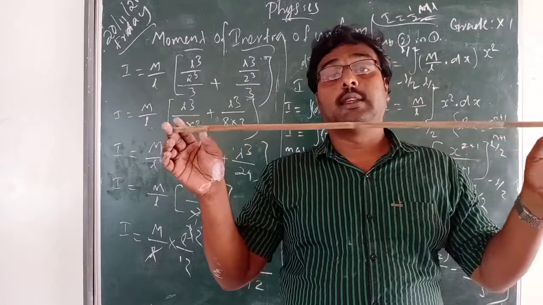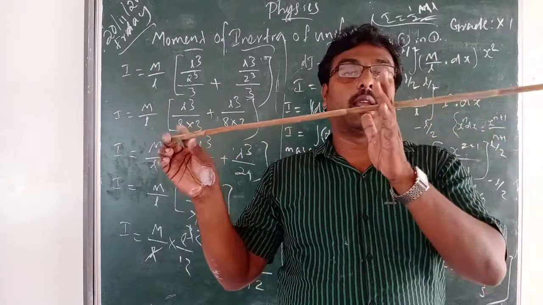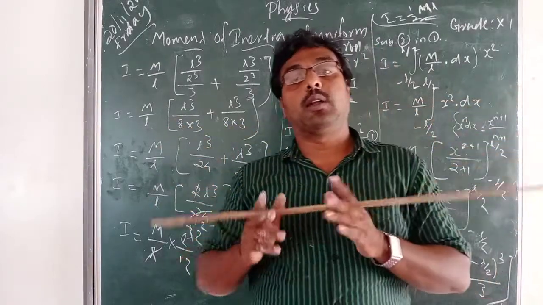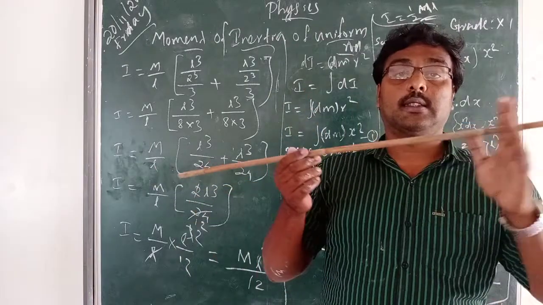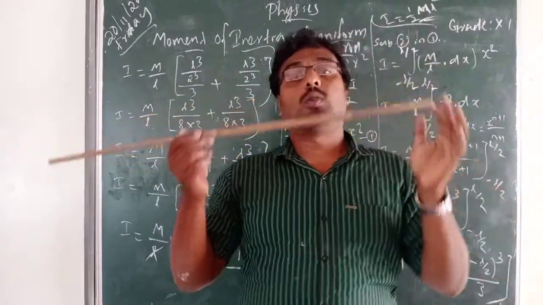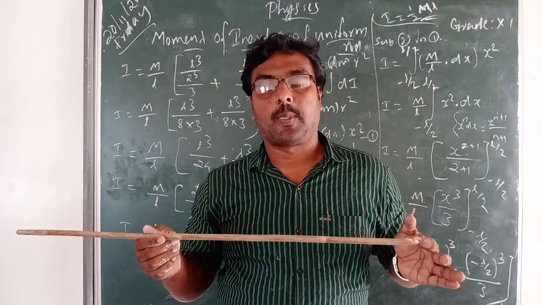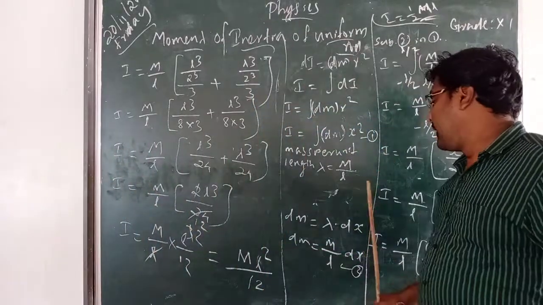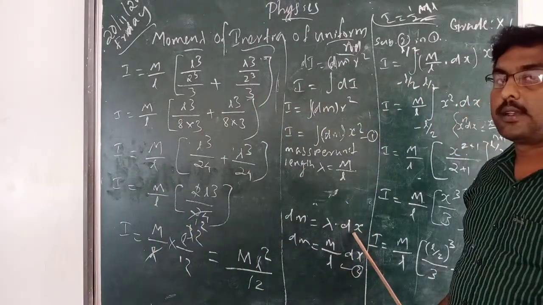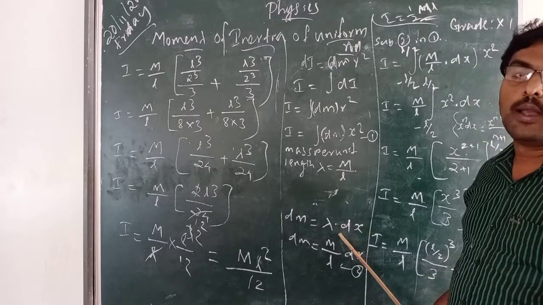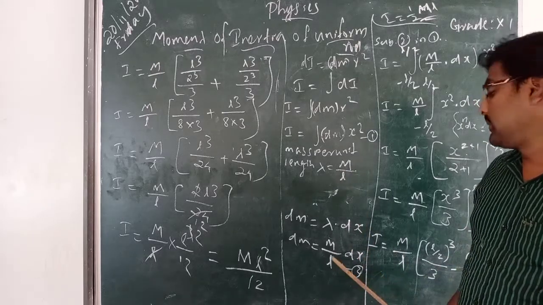The whole length is L, so if we divide into half, this side is L by 2 and another side is L by 2, but this is in the negative x-axis, so minus L by 2. And the dm value is lambda dx. Lambda means m by L, mass per unit length.